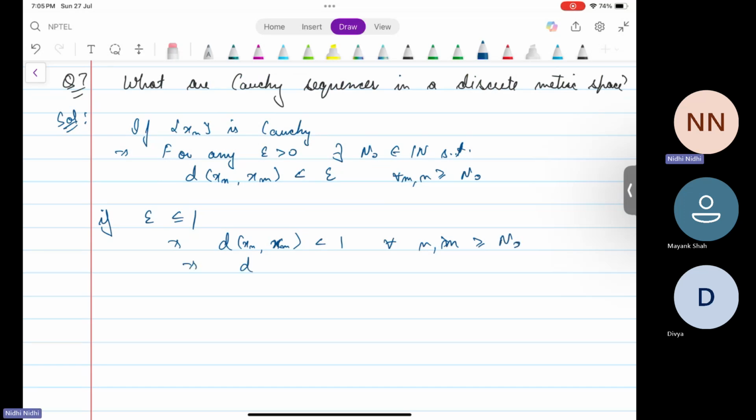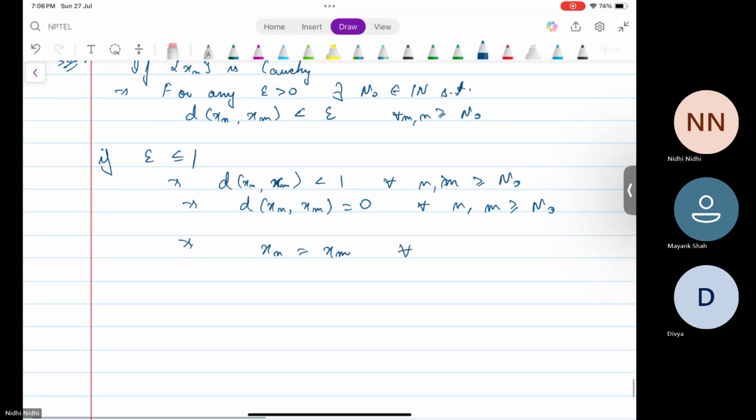This implies d(xn, xm) is equal to 0 for all n, m greater than or equal to n naught. So that means after the stage n naught, all the terms are the same. Hence, the sequence is again eventually constant.